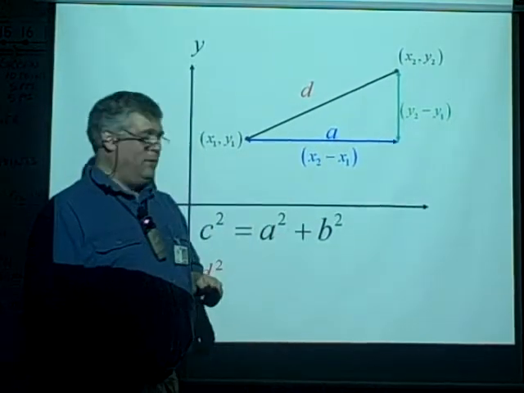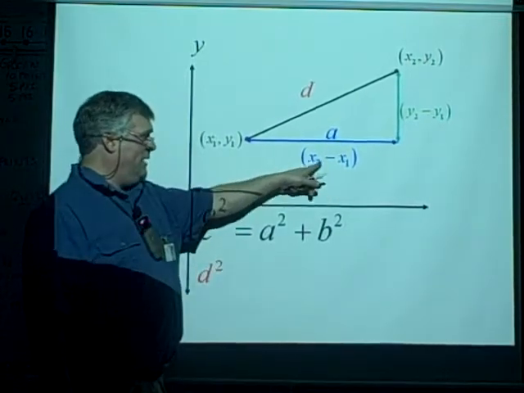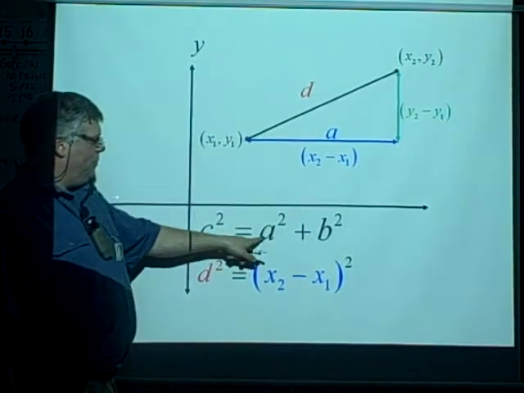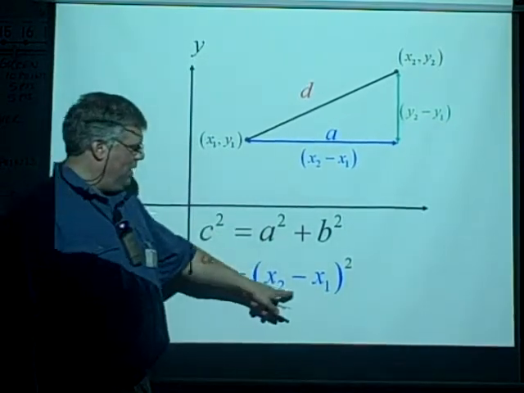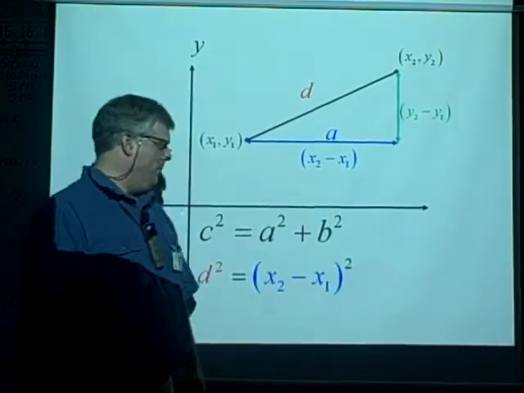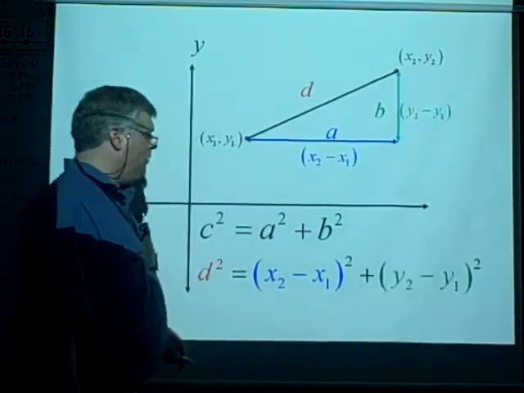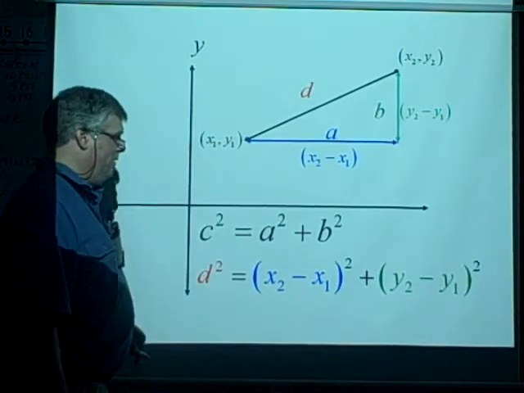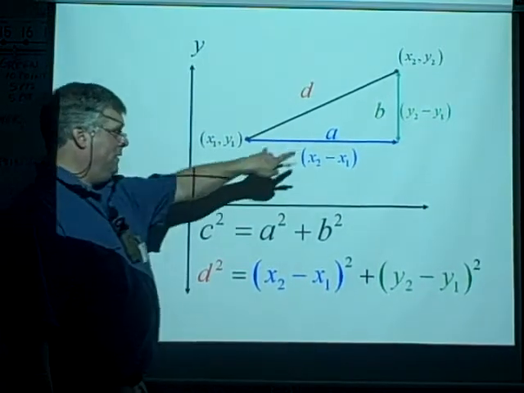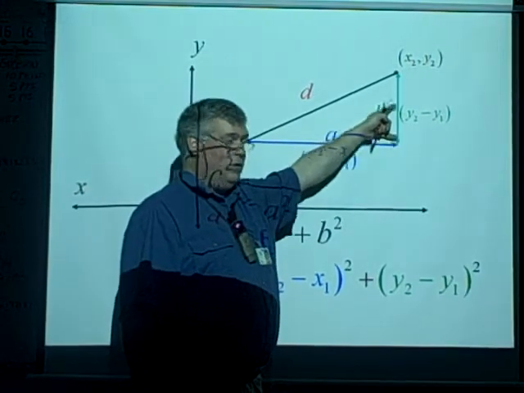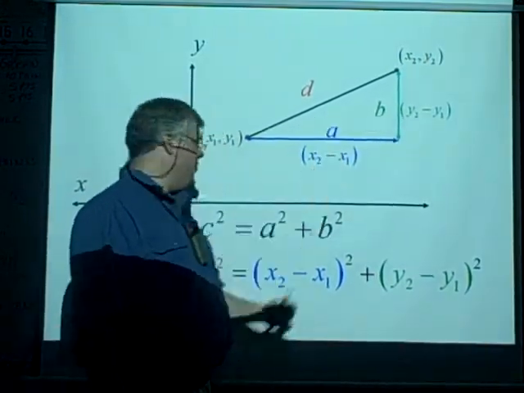I'm going to work with the blue one being a. So we're going to say that x2 minus x1 is the a value, which means we're going to replace a squared with x2 minus x1 squared. We're going to replace the b with y2 minus y1 squared. Basically, this distance squared plus that distance squared will give us this distance squared.